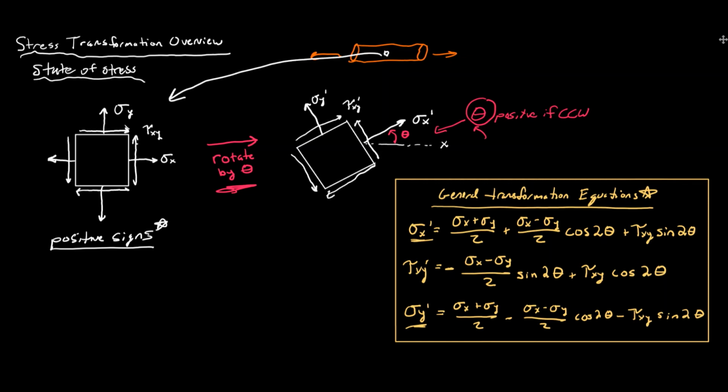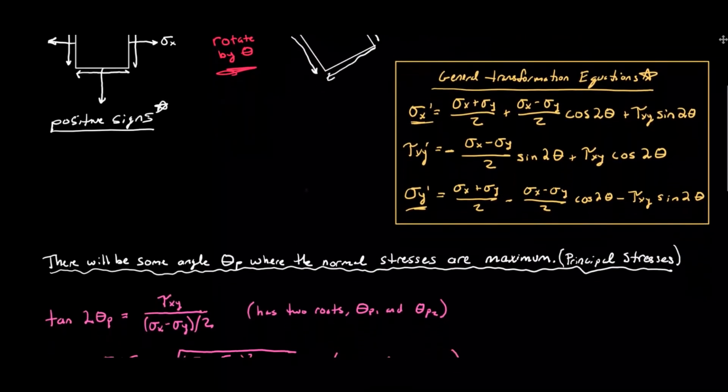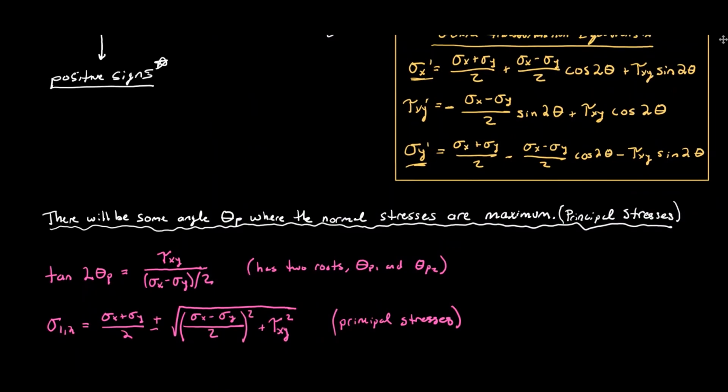We call this point where our normal stresses are maximum the principal stresses. If we go down here, I wrote out the equations to calculate our principal stresses. If we want to find the orientation, that angle where the principal stresses are acting, we'll call it theta p.